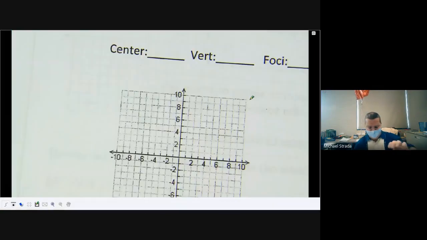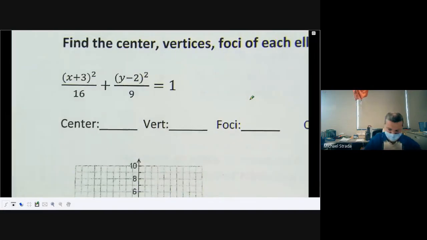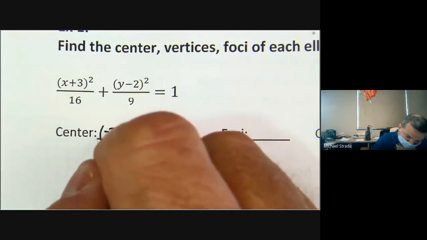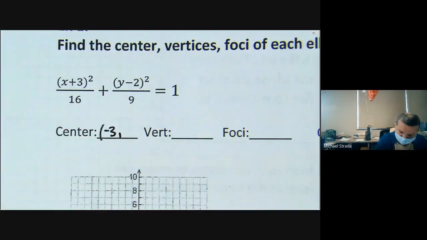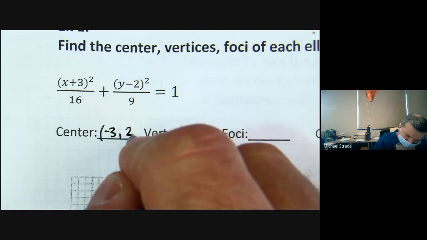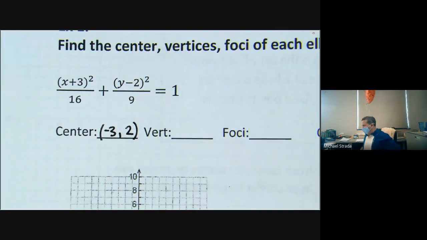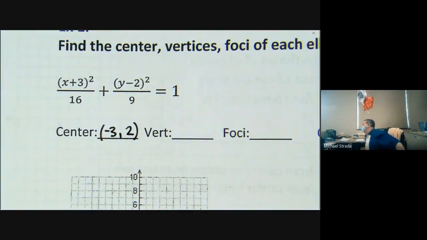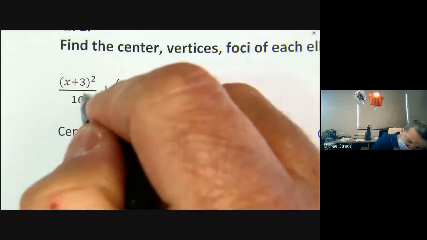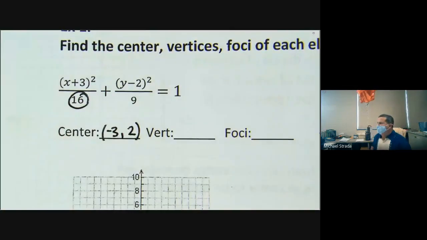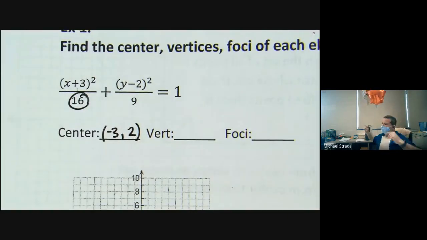Negative 3. What's the opposite of negative 2? 2. Everybody okay with that? Okay, now what's bigger, 16 or 9? 16. Got me? So that means the x, the horizontal, is your major axis.